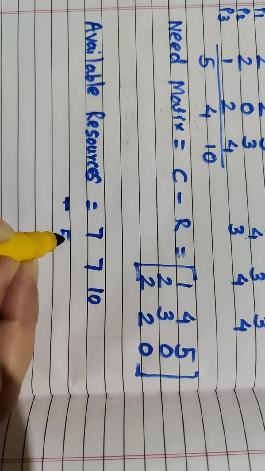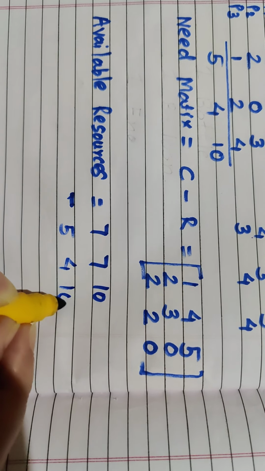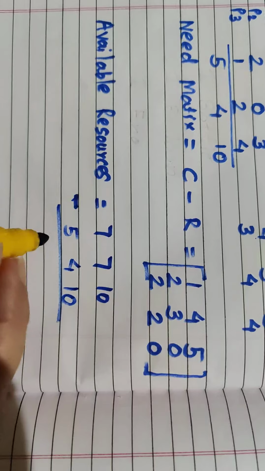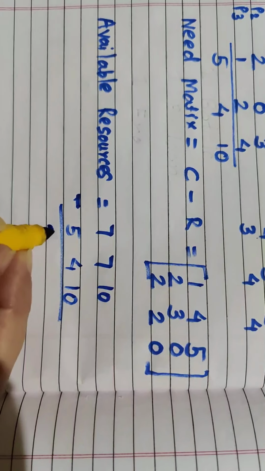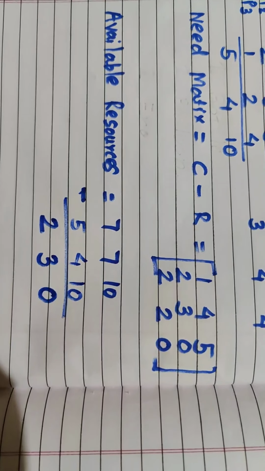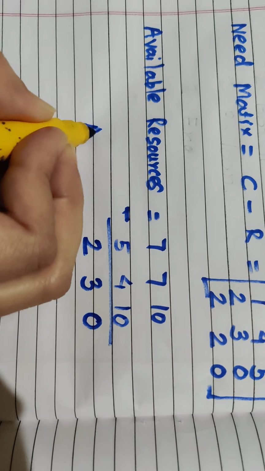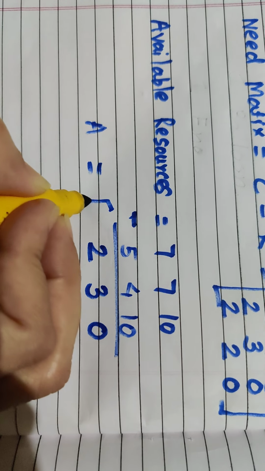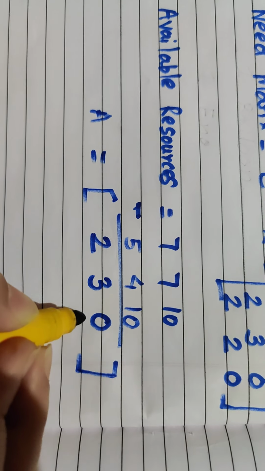So 7 minus 5 is 2, 7 minus 4 is 3, 10 minus 10 is 0. So the available resources A are 2, 3, 0.